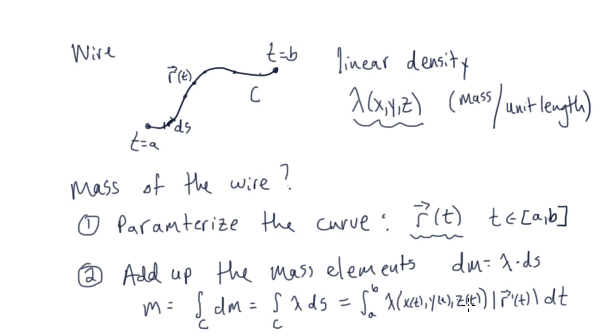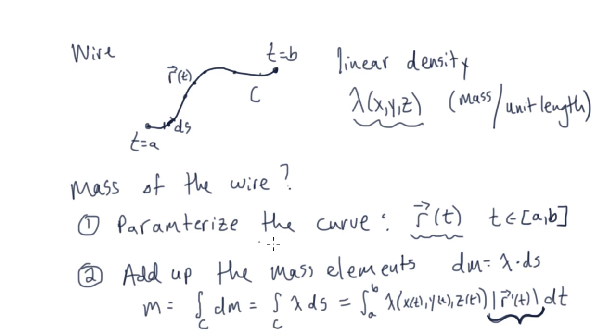But notice, the thing that comes up is the absolute value of the derivative of the parameterization, or you can think about it as the speed if this is representing the motion of a particle. And we're weighting the integral with this factor, and this is a very important factor.